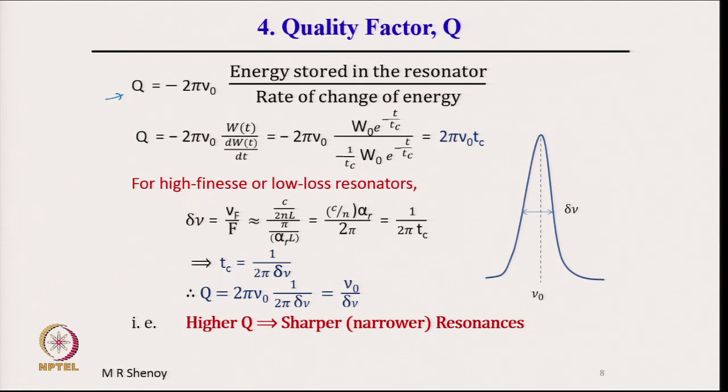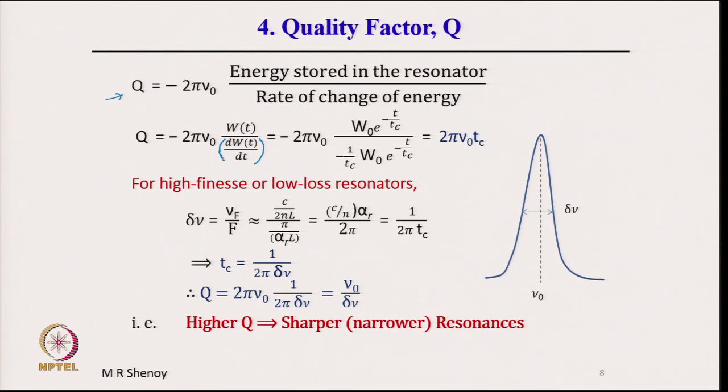Then this expression is correct, and therefore, Q is equal to minus 2 pi nu 0 into energy stored in the resonator at any instant t, W of t, divided by dW of t by dt, that is the rate of change of energy.